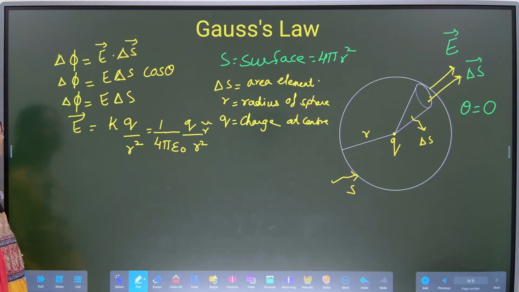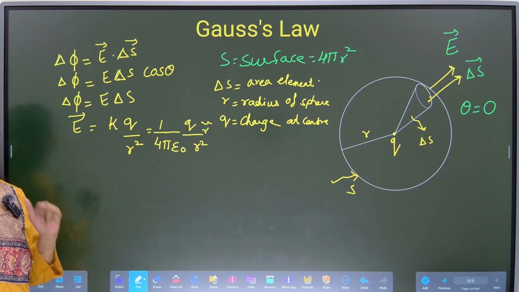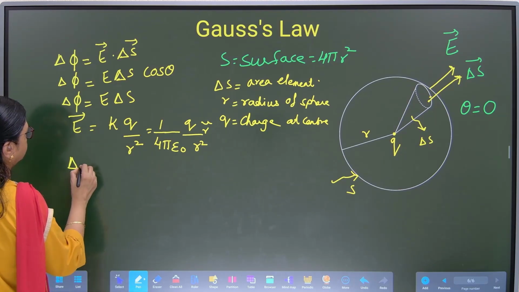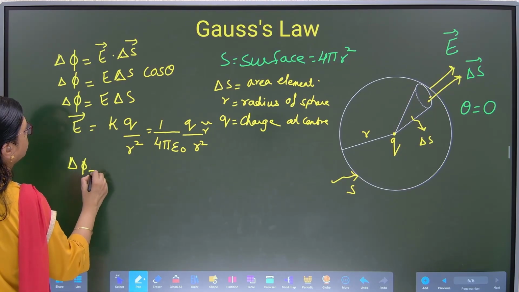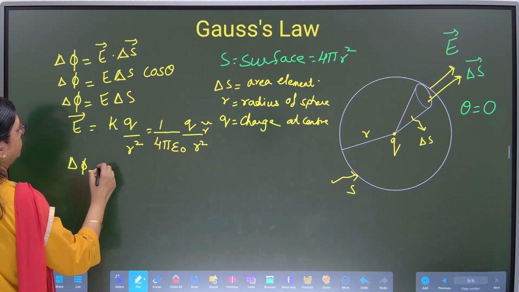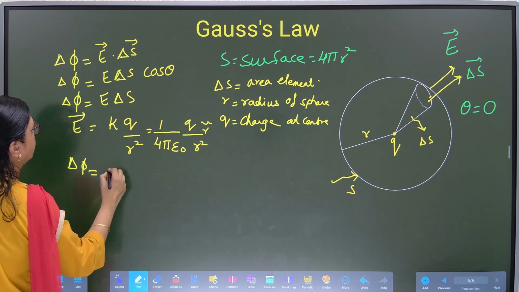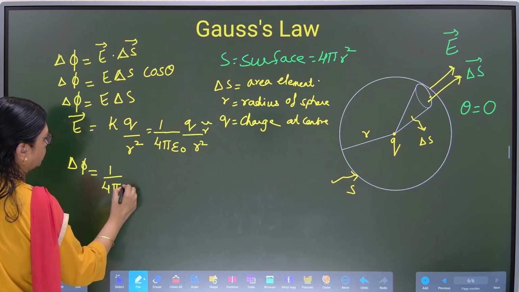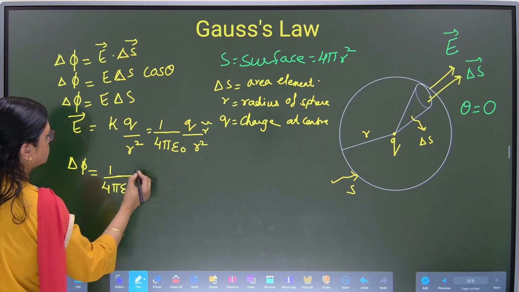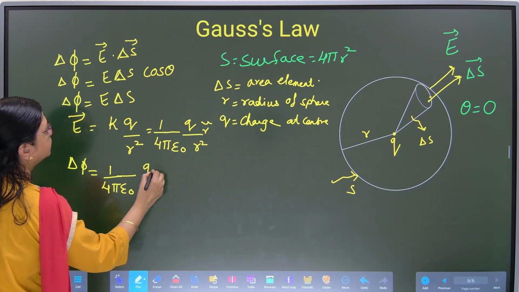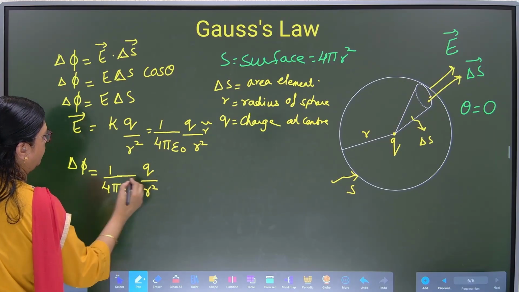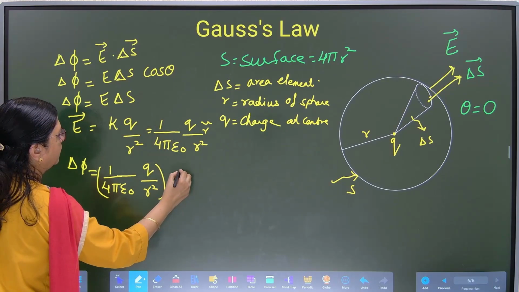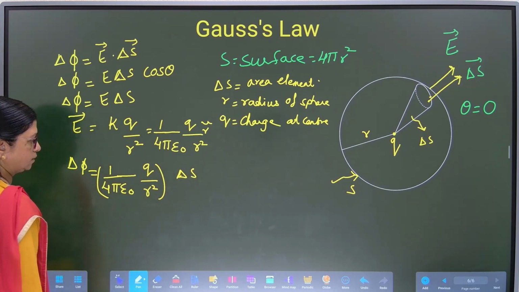So now in the formula of delta phi, I substitute the value of E, the scalar part of it, which is 1 upon 4 pi epsilon naught Q upon R square, multiplied by delta S.